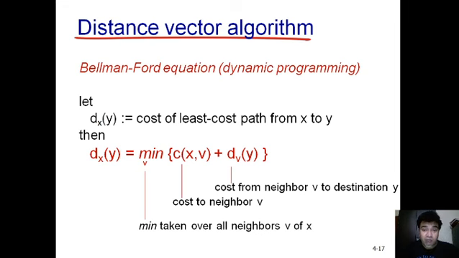So we have to find the distance from X to Y through all the neighbors of X, which are V in this case. Out of those distances, whichever is a minimum will be the final cost from X to Y.